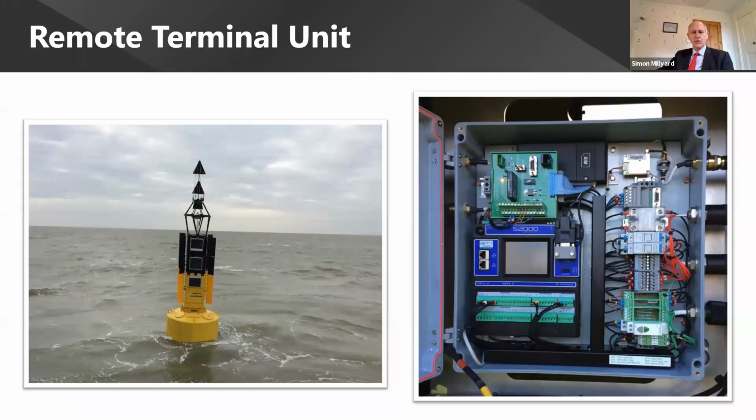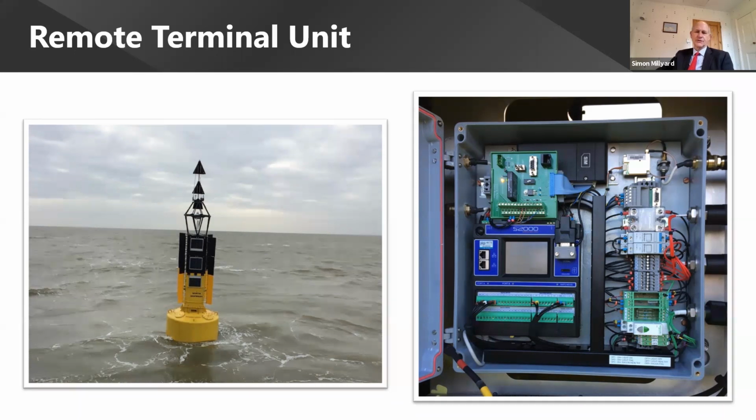But we had a particular problem with communications in that the navigation buoys that were close to the shore could pick up a mobile phone signal quite easily. But the ones that were 30, 40 miles offshore could not. But satellite communications are expensive.